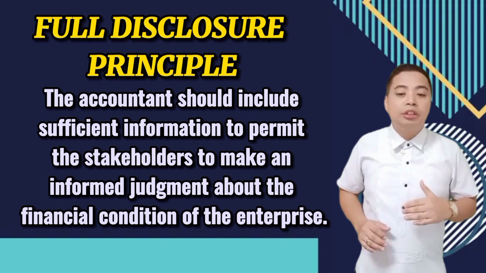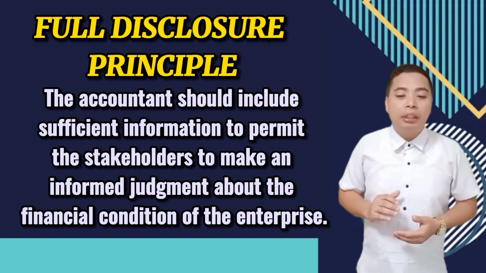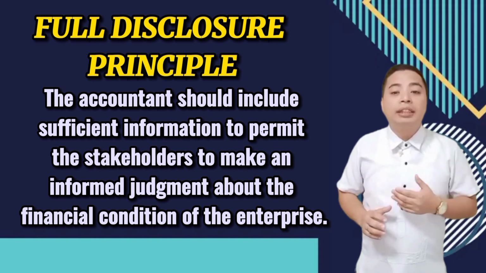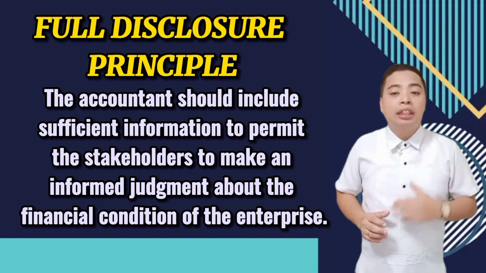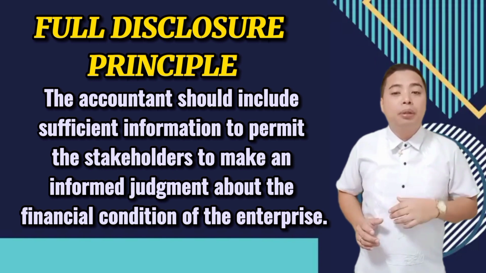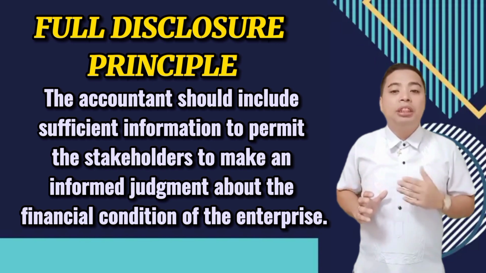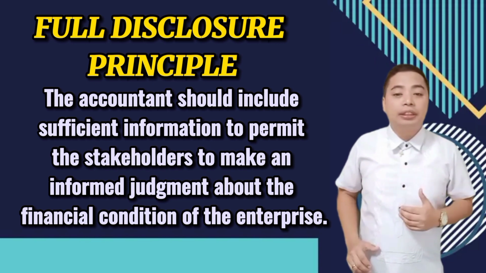The accountant should have the full details of the company, especially on the financial condition. It is very important that the business is known to everyone. 100% data should be given to any stakeholders.